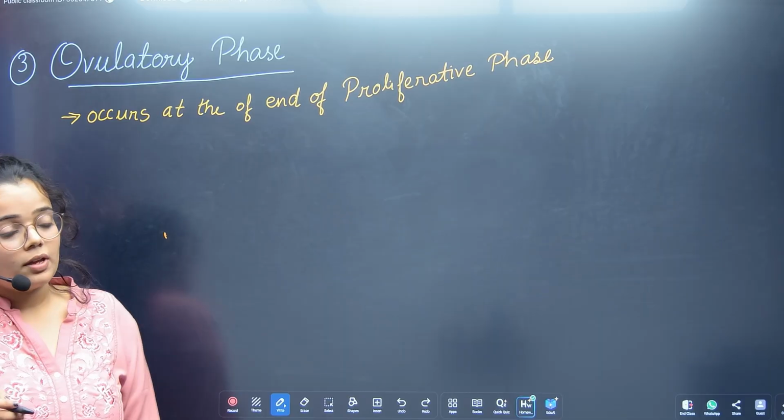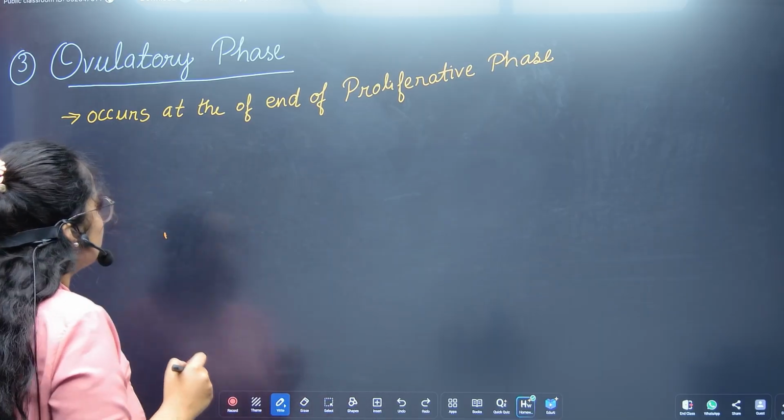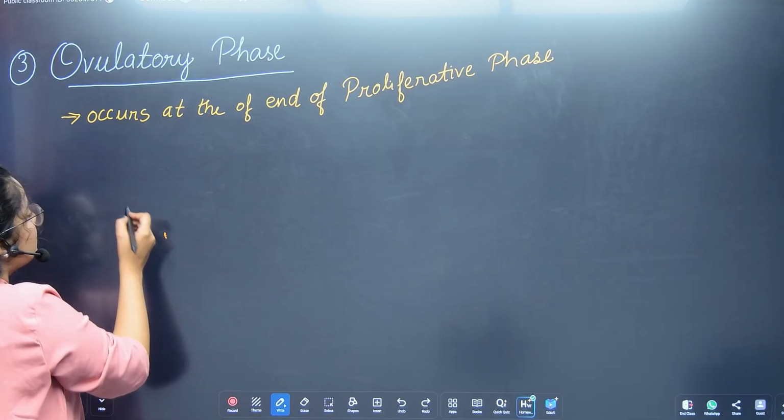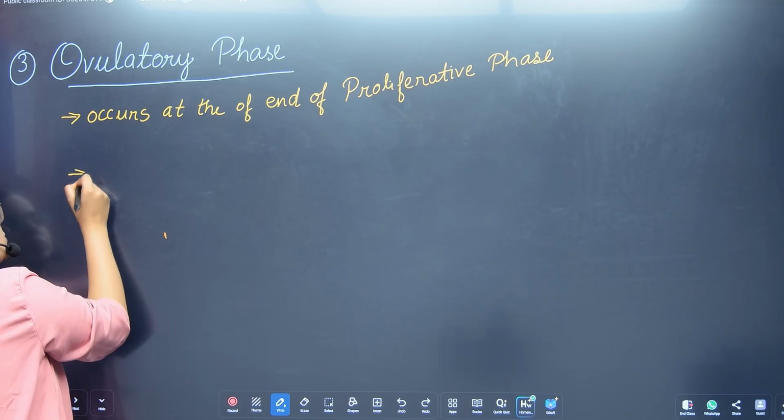Here, our Graafian follicle has matured enough and it undergoes ovulation and leads to the production of a secondary oocyte.